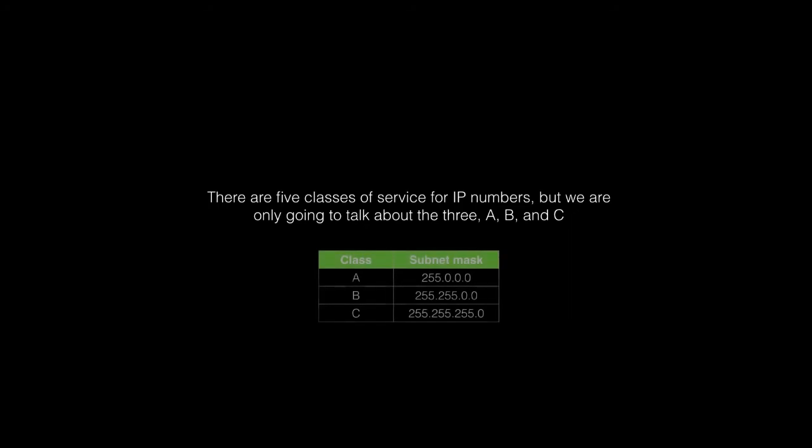There are 5 classes for IP numbers, but we are only going to talk about 3 of them. That's A, B, and C. And you see the different classes with the associated subnet mask next to it.